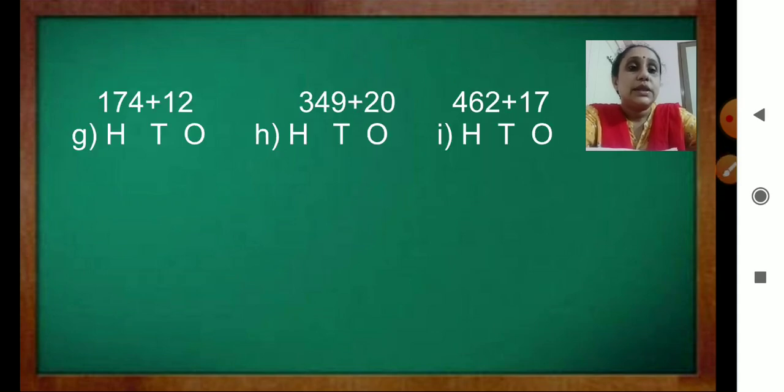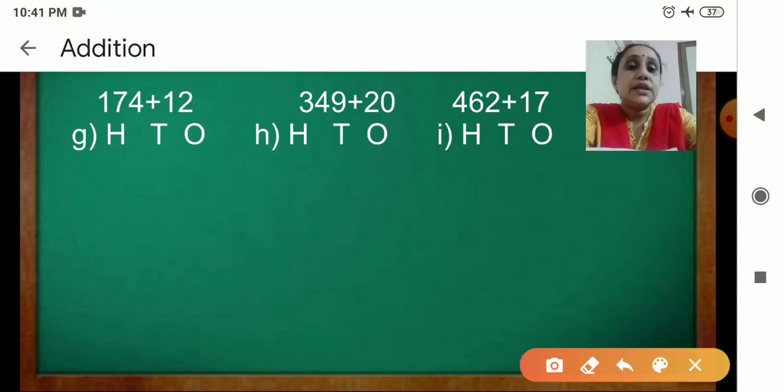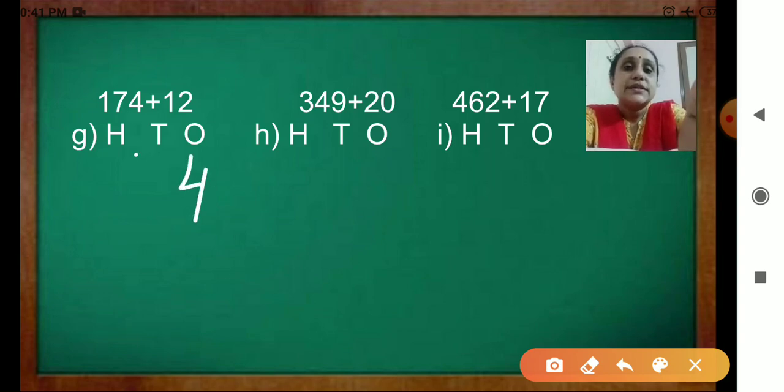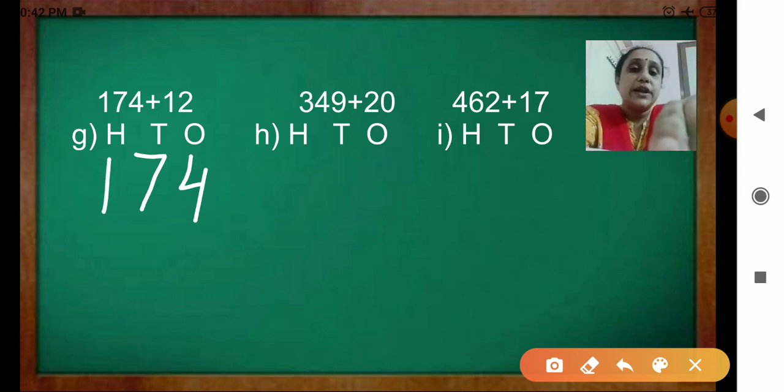Now the next one. See, the numbers given are 174 plus 12. Now you have to write down the numbers. So how will you write? First you have to place in the ones place. So 174: 4 in ones place, 7 in tens place and 1.